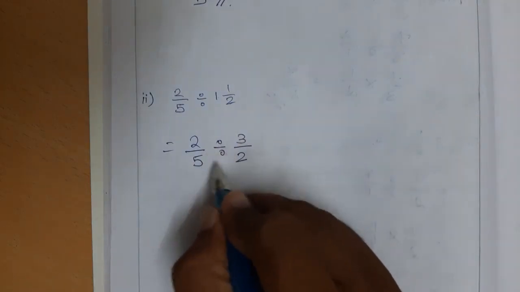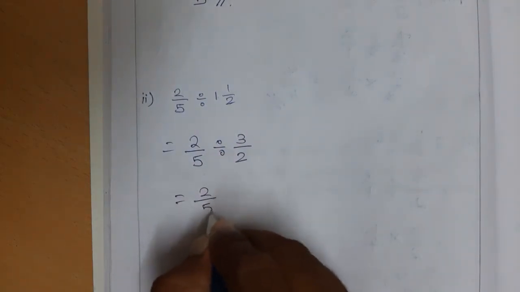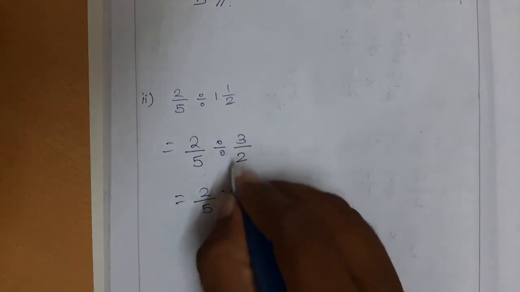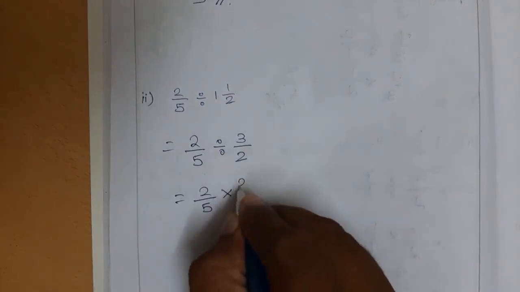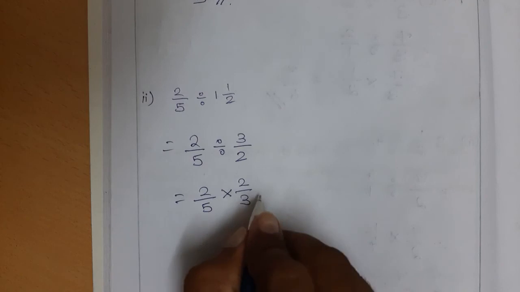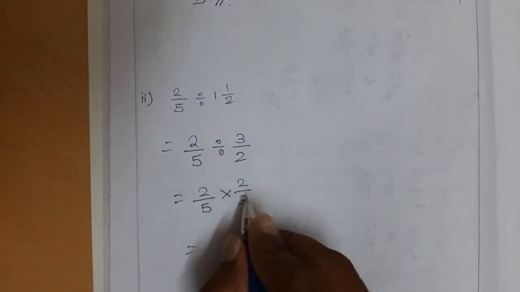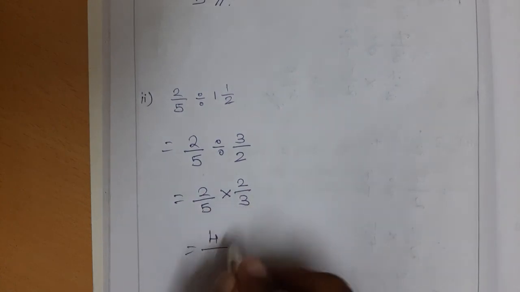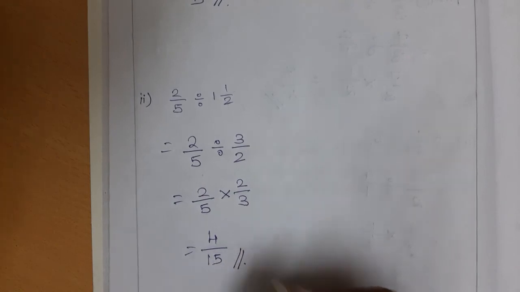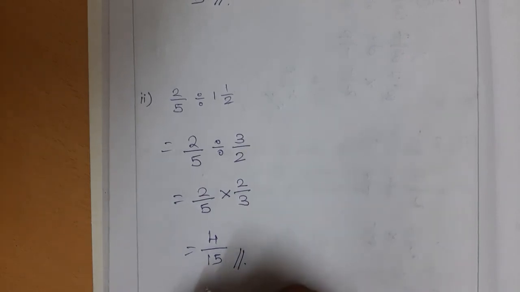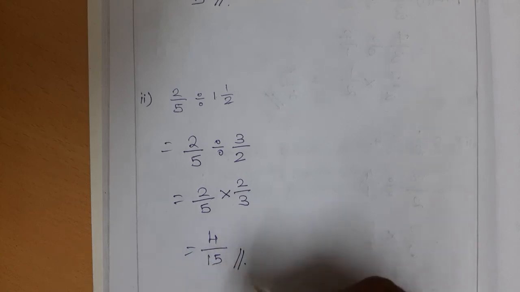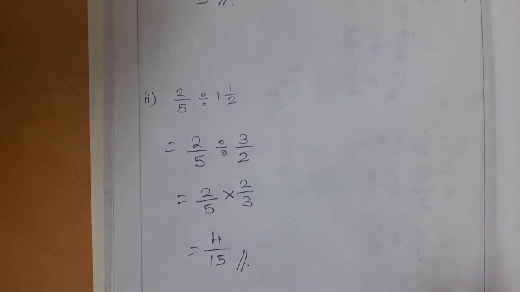Now we can change this division into multiplication by 2 by 5 into the reciprocal. The reciprocal of 3 by 2 is 2 by 3. So now we can multiply the numerators and the denominators. Numerator 2 into 2 is 4, and denominator 5 3s are 15, and it is simplified. So that is the final answer. If it is not simplified, if some common factors are there, then you really have to simplify it. Then that is considered as the final answer. Clear? Thank you.